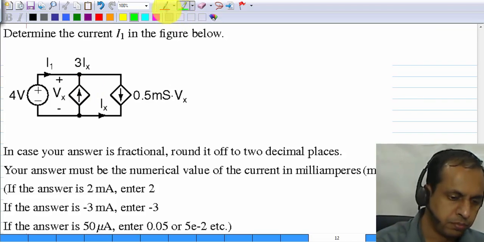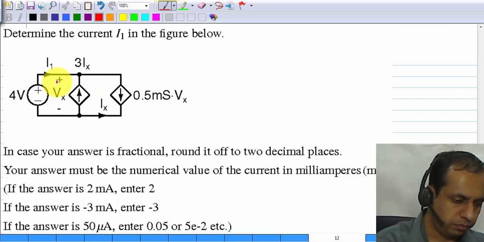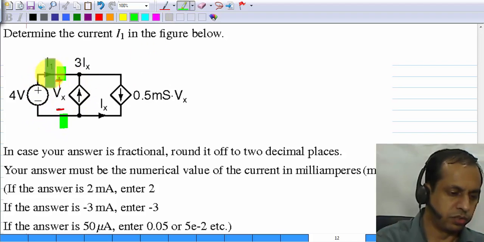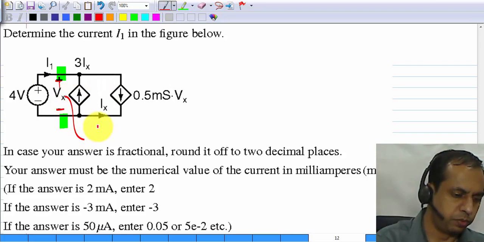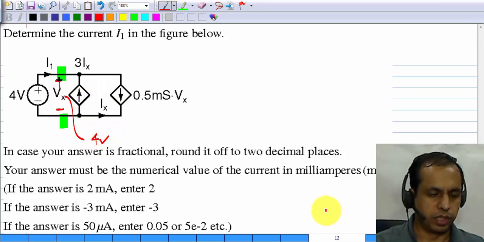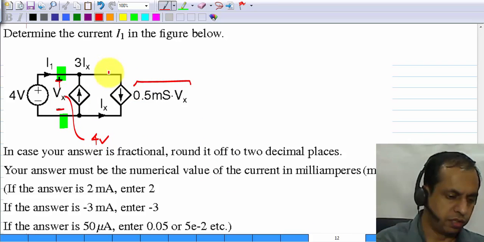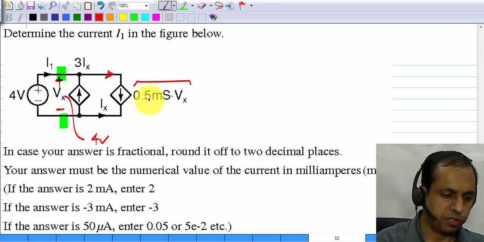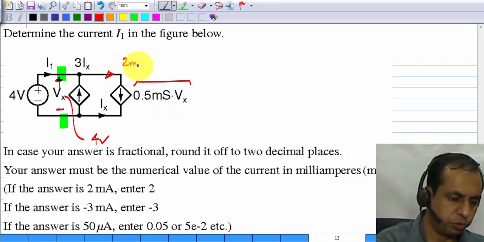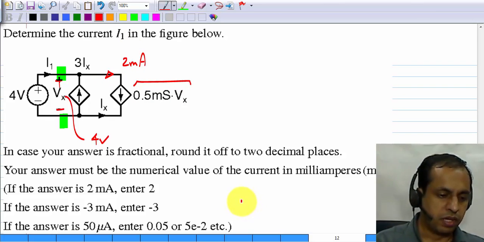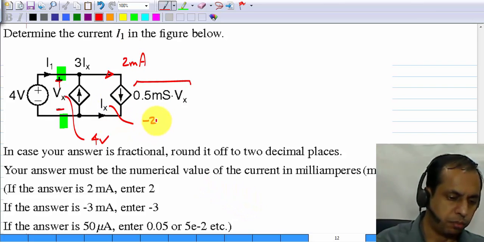So Vx is here, and we know that this is directly across this 4 volts. So Vx, we know what it is, it's 4 volts. So this current here is 0.5 millisiemens times Vx, that is 2 milliamperes, and Ix is nothing but minus 2 milliamperes.